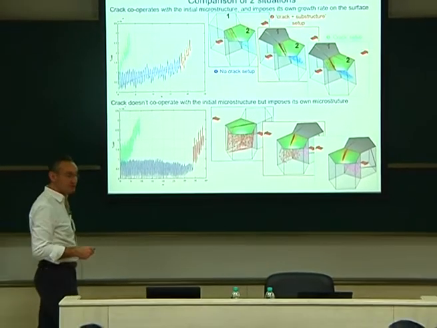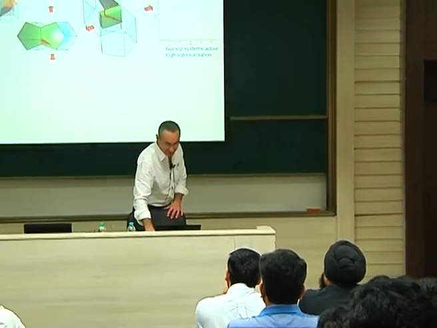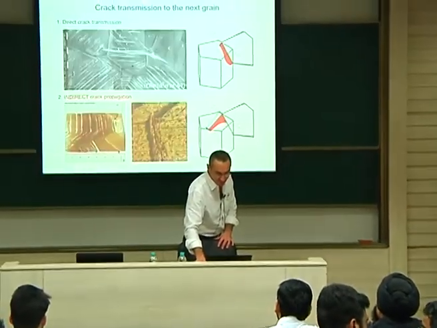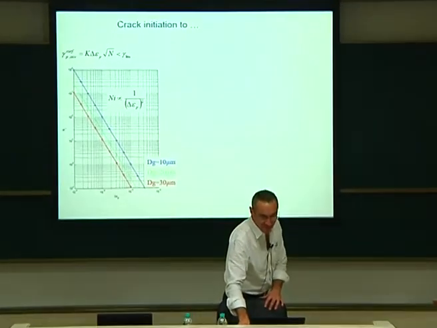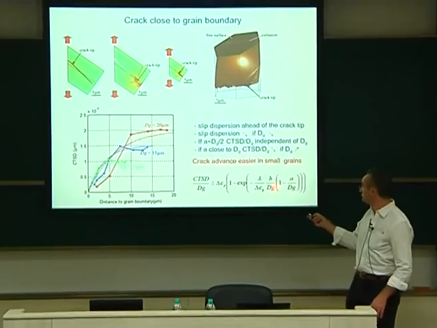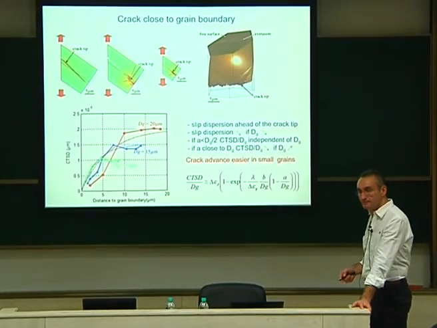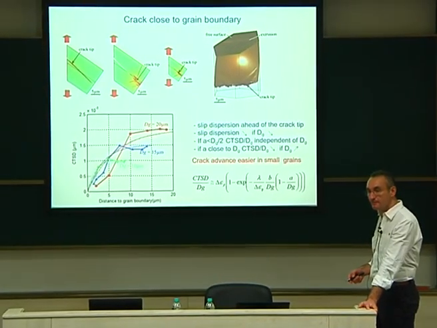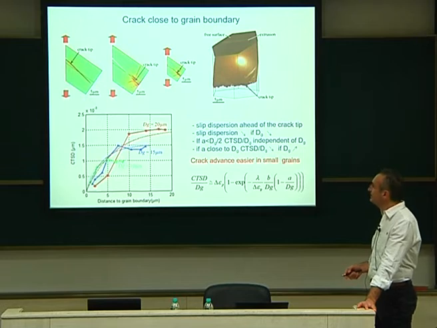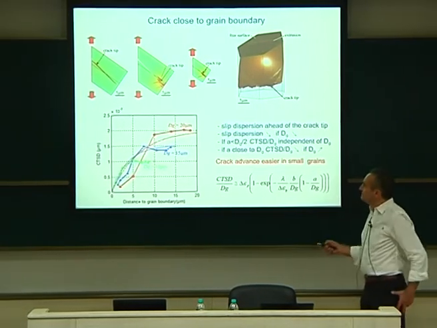Crack propagation is faster in smaller grains. This was the conclusion of the first study. You can see it in this law, because of the diameter of the grain. The plastic strain? What do you mean the plastic strain is less?